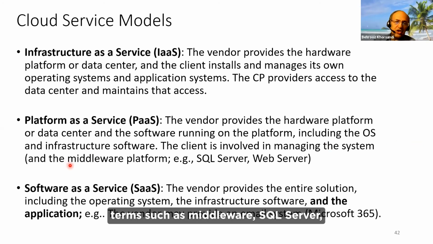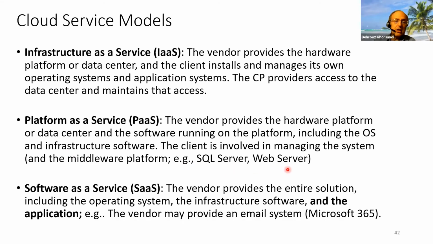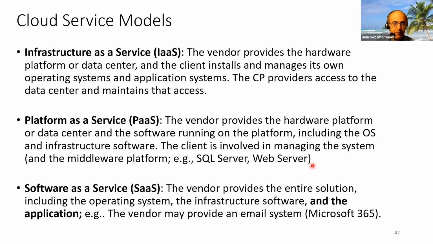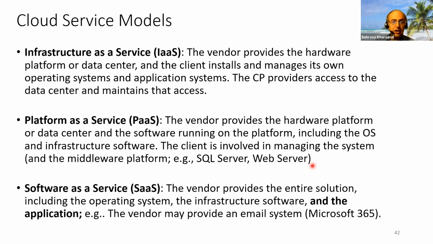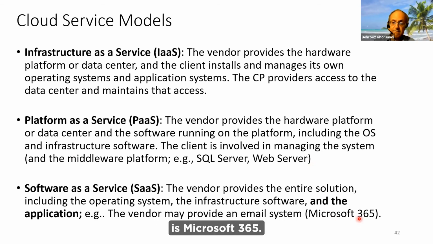Typically, you're going to hear terms such as middleware, SQL server, web server, Java virtual machine. Those run in a PaaS platform environment. Software as a service, on the other hand, provides you the entire solution: hardware, operating system, middleware, infrastructure, and application. A very good example of software as a service is Microsoft 365.